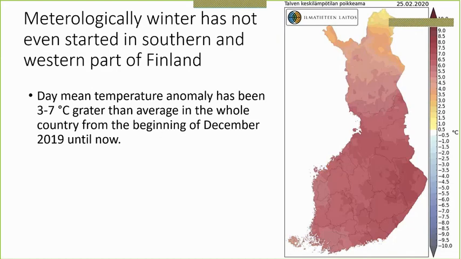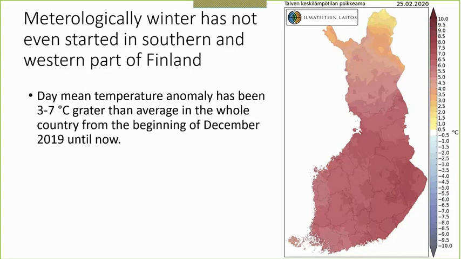And in the meteorological sense, the winter hasn't even started because the mean daily temperature has never gone under 0 degrees. At least it has to be 5 days or so under 0 degrees that we could define it meteorologically to start.